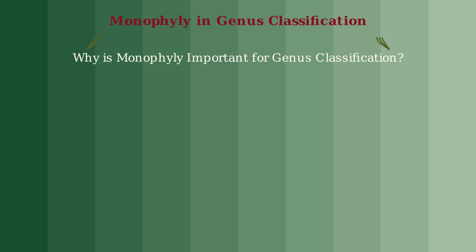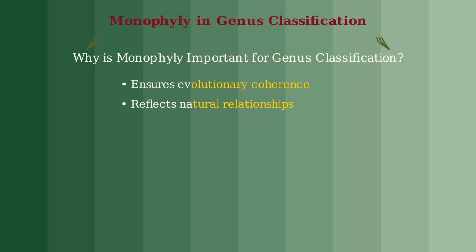Monophily is crucial for genus classification for several reasons. First, it ensures evolutionary coherence, meaning all members share a common evolutionary history. Second, it reflects natural relationships rather than just similar appearances. Third, monophyletic groups provide predictive power about traits. If one species has a trait, related species often have similar traits.